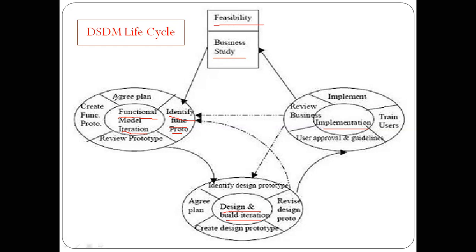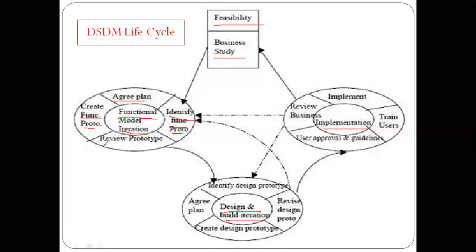Okay, next one is to agree the plan. So you should write some plan for these functions. Next, create function prototypes. After identifying that, we are going to create the individual functions.